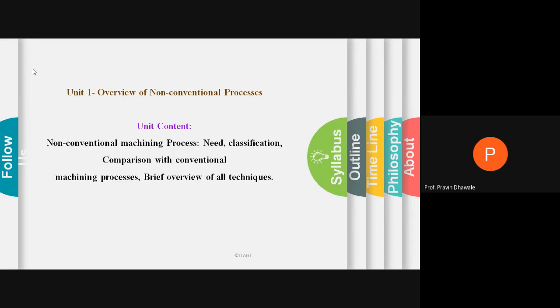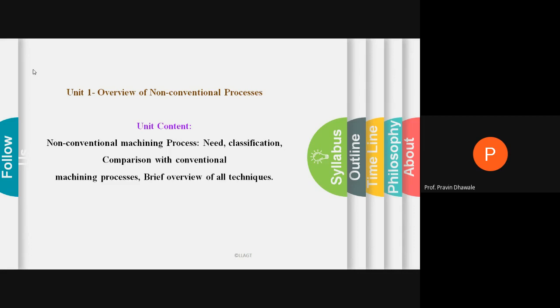Whatever manufacturing processes remove material come under the category of the secondary process. Then we go to conventional and non-conventional machining. If you are considering conventional machining, imagine there is a lathe machine, a milling machine, a drilling machine.